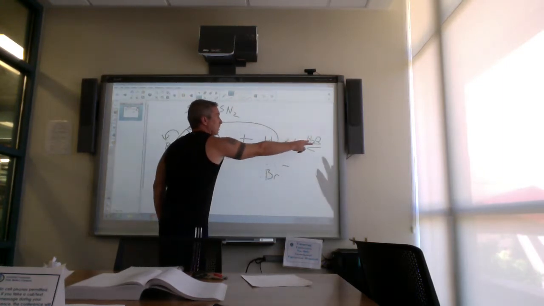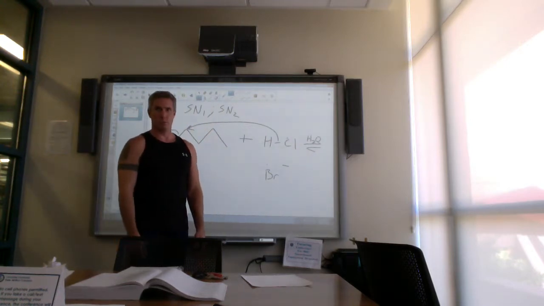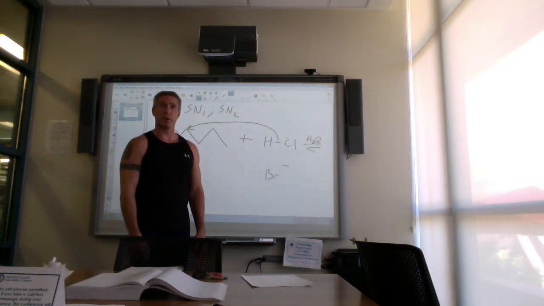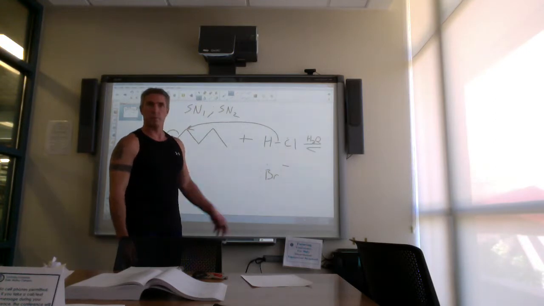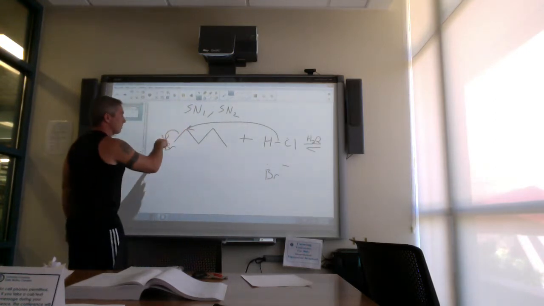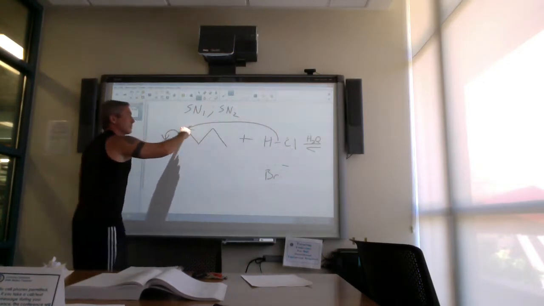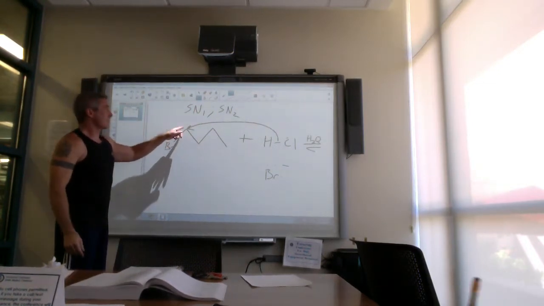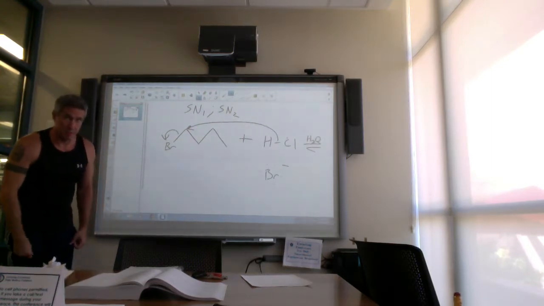If I stick hydrochloric acid in water, what happens? It completely dissociates, which means there's a Cl out there with all these electrons. Who's happier with all those electrons, bromine or chlorine? So this leaves, that's my leaving group, while the chlorine simultaneously attacks the carbon. That's got a partial positive, doesn't it?